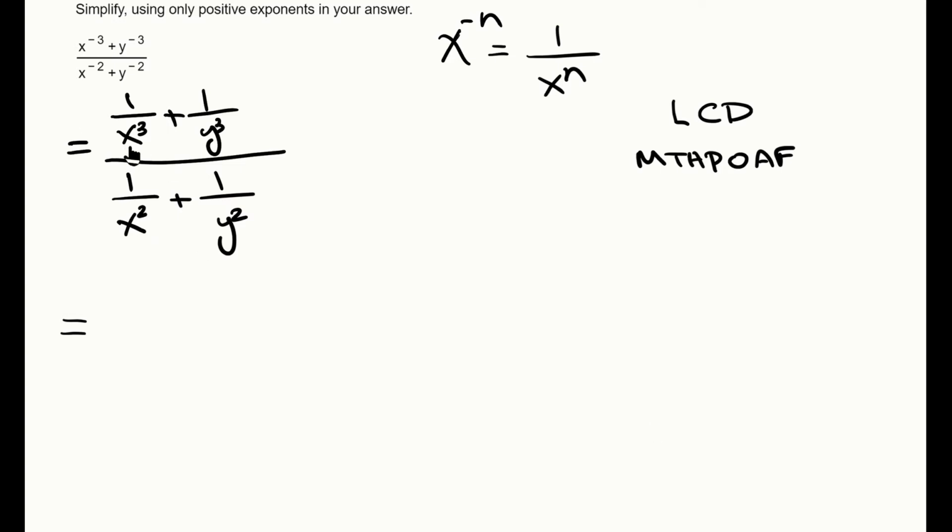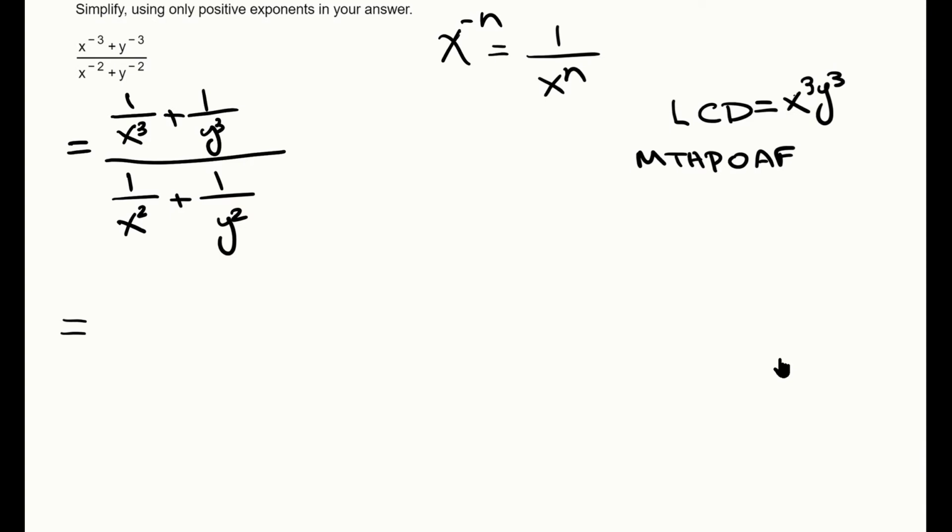We have a factor of x and a factor of y. The highest power of x that we see is x cubed. The highest power of y that we see is y cubed in any of these four denominators. So the LCD here, according to this algorithm, is just going to be x cubed y cubed, which is an expression sufficient for each of these denominators to go into.